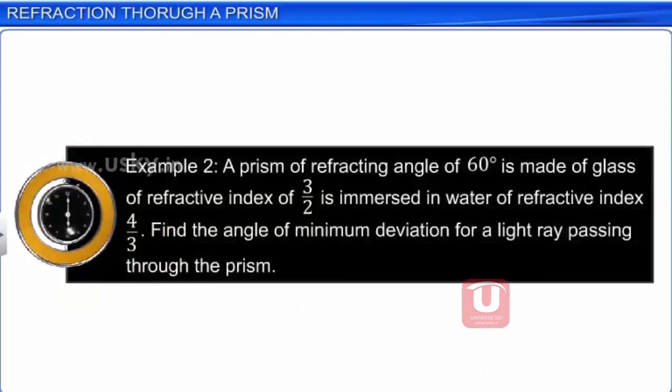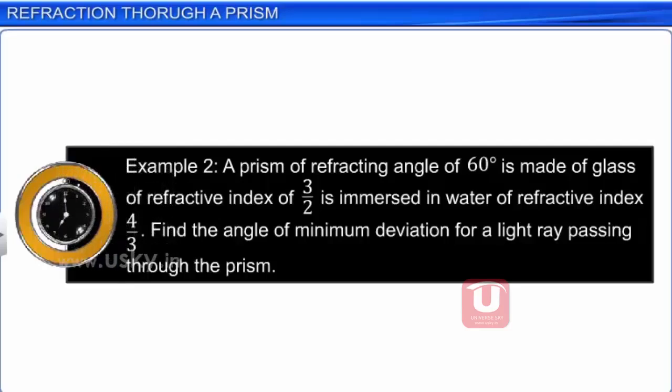As per equation 7, n21 is equal to sin((A plus dm) by 2) by sin(A by 2). Since the prism is in water, ngw is equal to ng by nw.